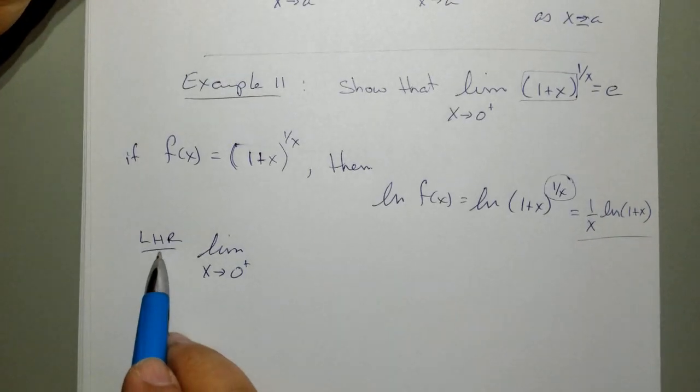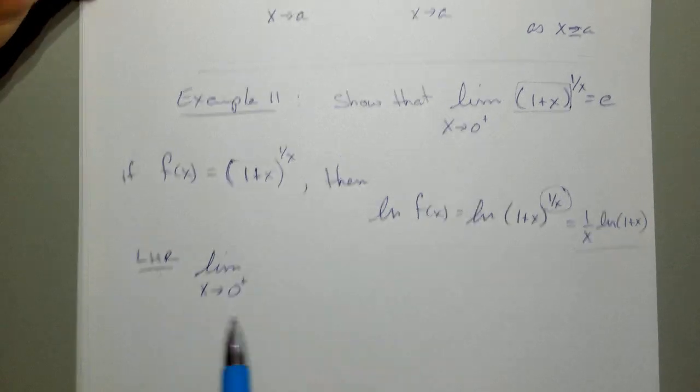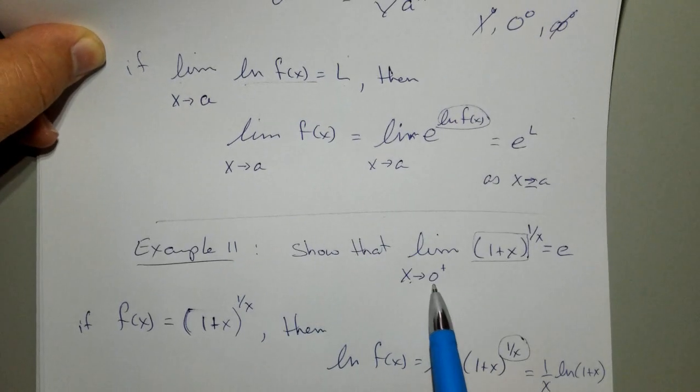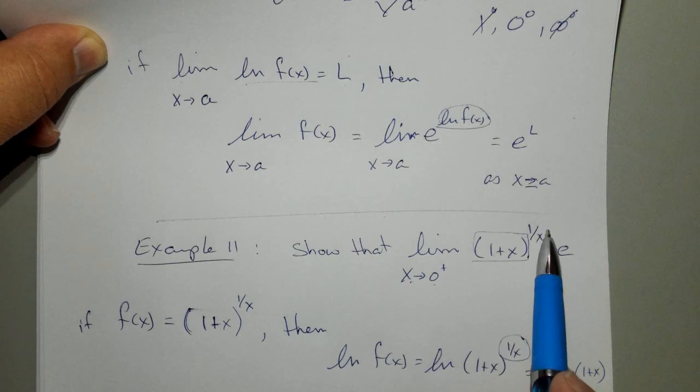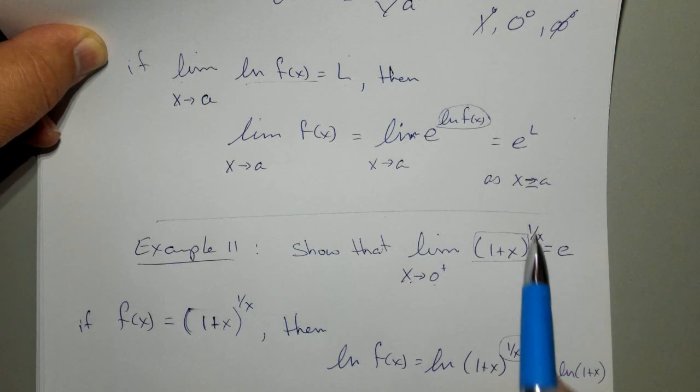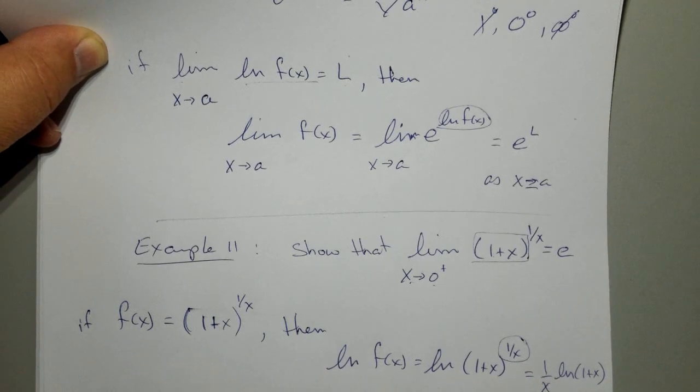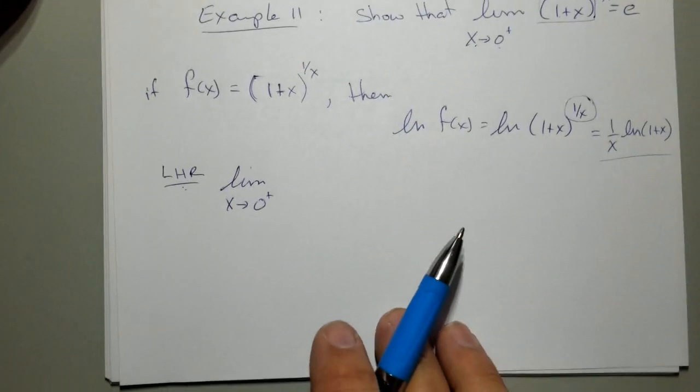Okay, does everybody understand why we're taking the L'Hopital's rule here of the limit? Because as x goes to 0, this becomes 1, and 1 over 0 is infinity. So it's an indeterminate exponent.